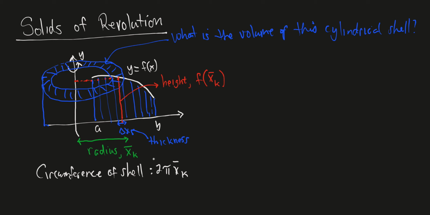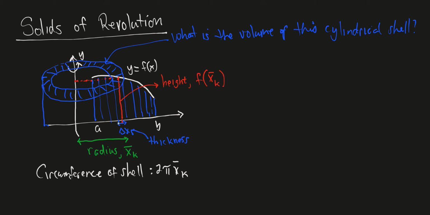And then if I multiply that by the height, that will give me the volume. So basically, when you do this, you're getting the circumference all the way around, and then that's the distance. If I take the height and multiply that distance all the way around, that's like the area.